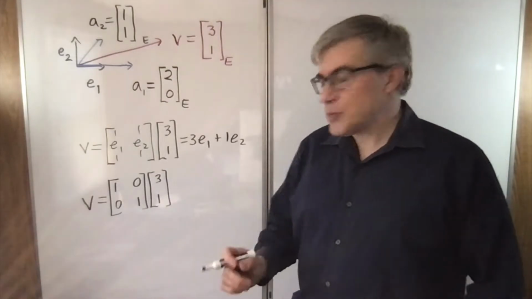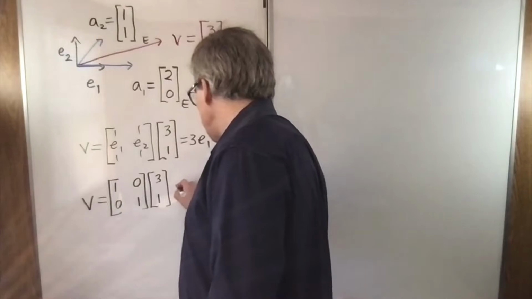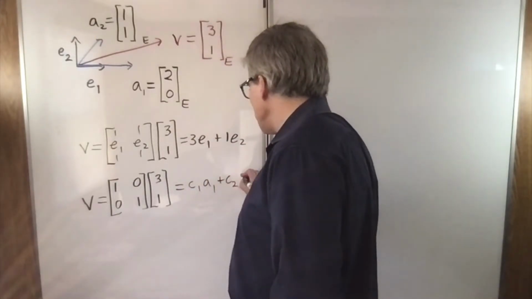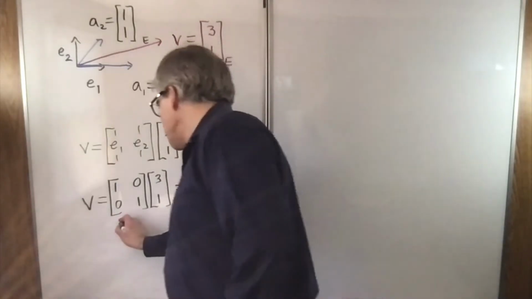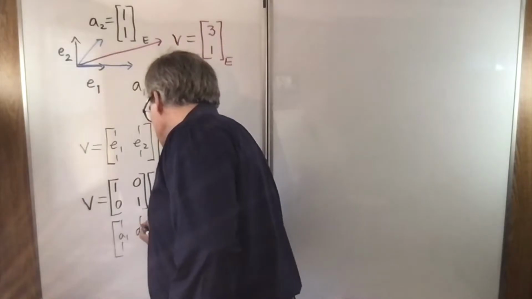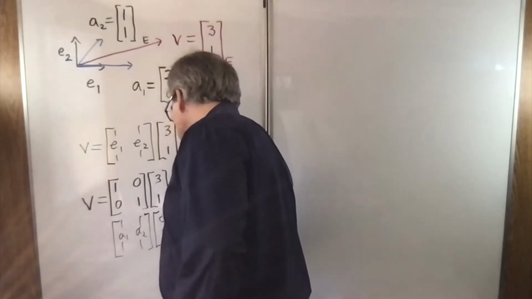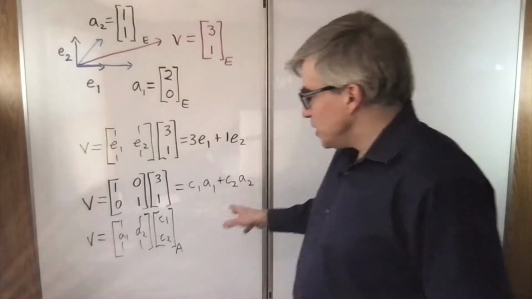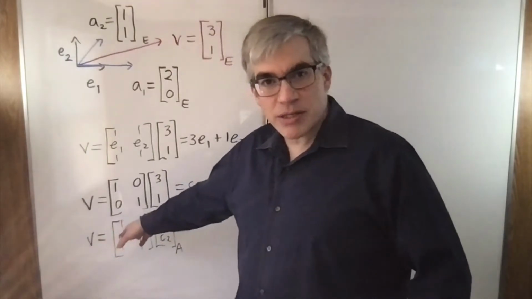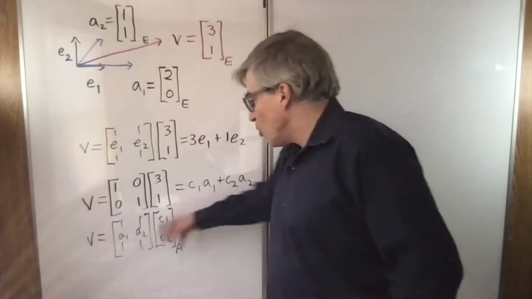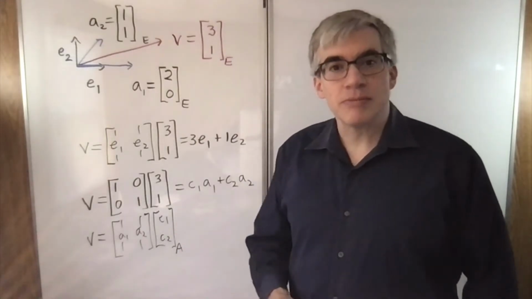It turns out that if we want to write v as constant c1 a1 plus constant c2 a2, that will also rewrite as the a1 column vector, a2 column vector, times (c1, c2), the components in the a basis. And that will be vector v. Which means if we can get this A matrix, they call it the A basis matrix, in front, then what's left has to be the components.